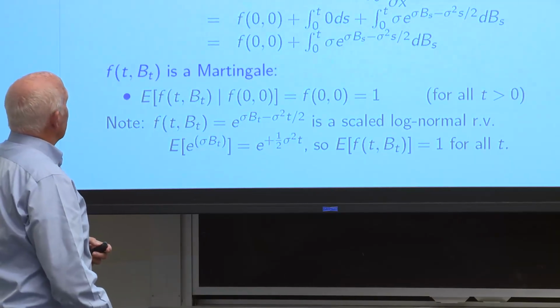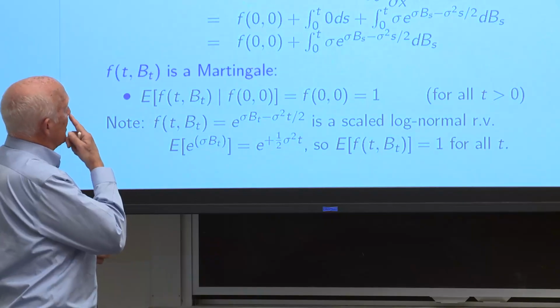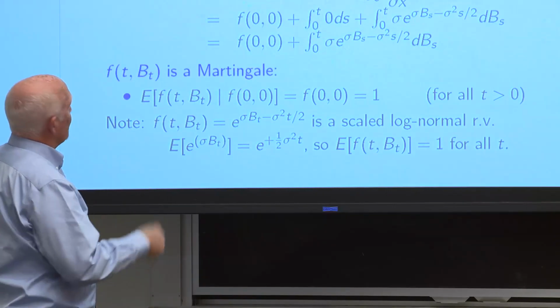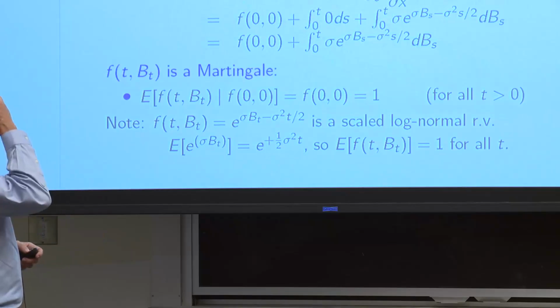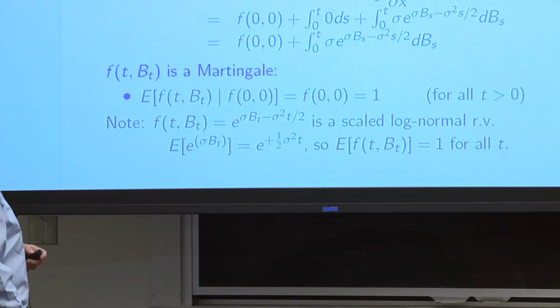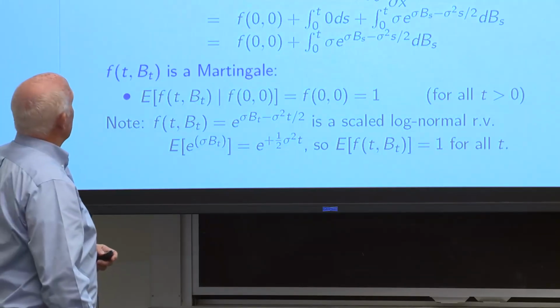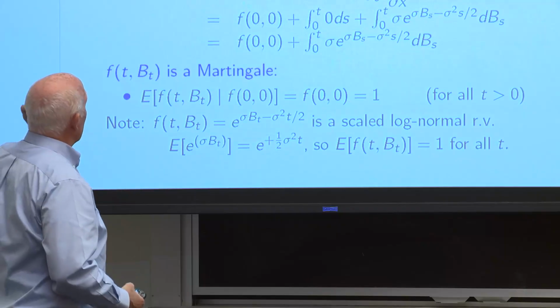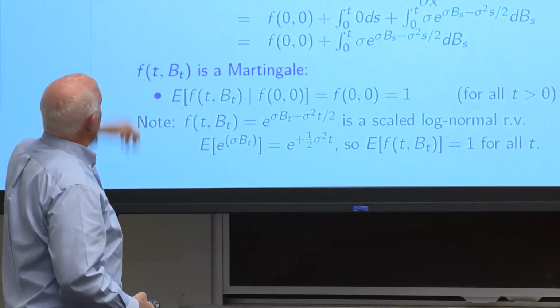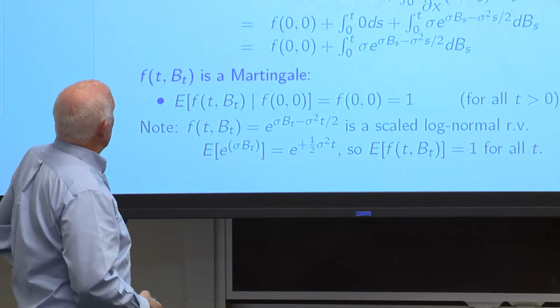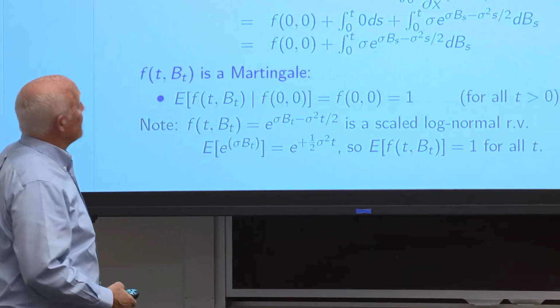Now, what's interesting with this Ito formula is we can apply it to a function, little f, which is the exponential of sigma x minus sigma squared t over 2. Importantly, this partial of f with respect to t does equal minus a half sigma squared f.